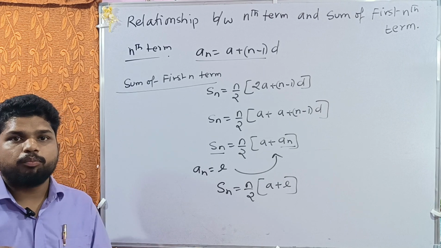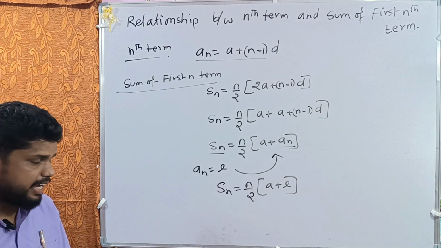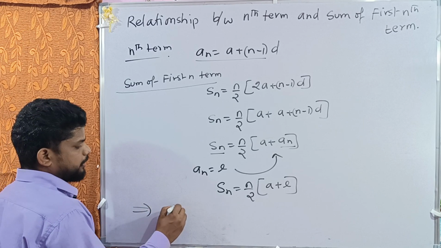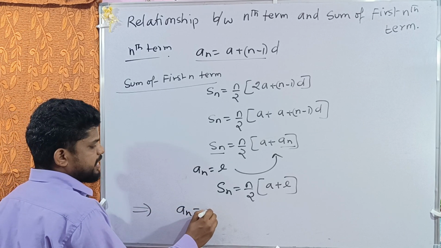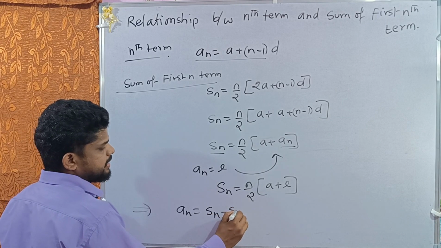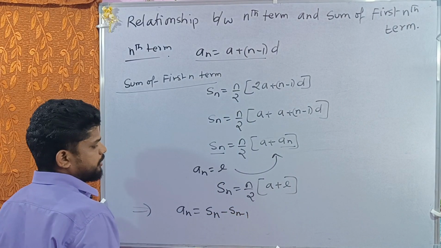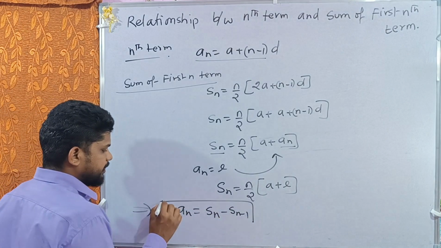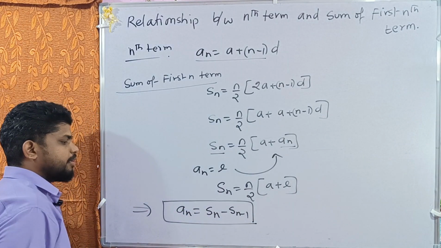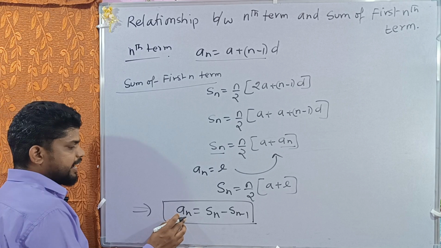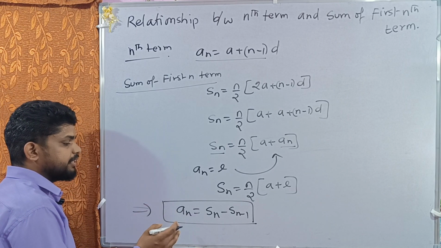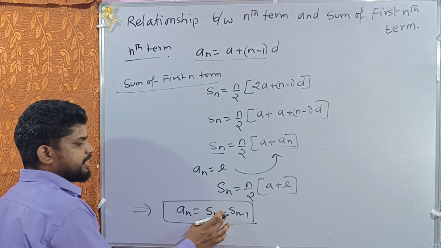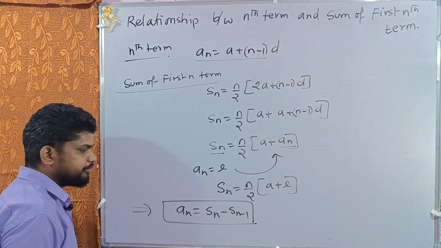But the most noteworthy point is that the nth term an can be written as Sn − Sn−1. This is the relationship between the nth term and the sum of the terms.